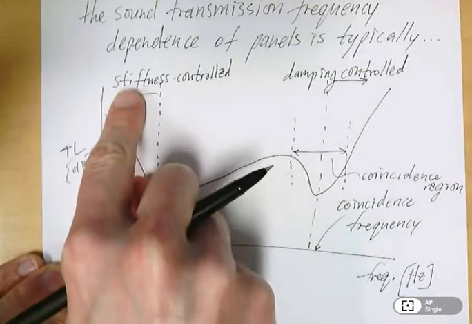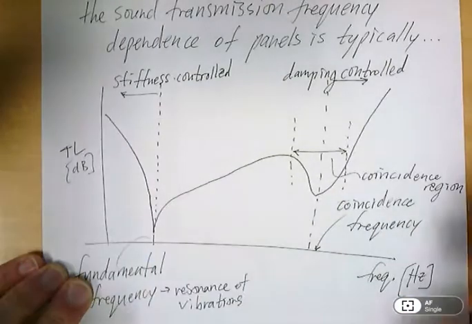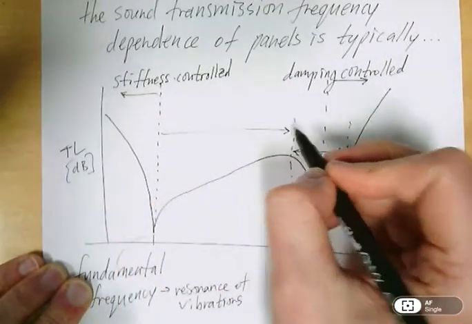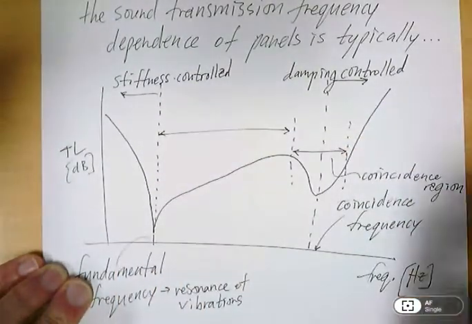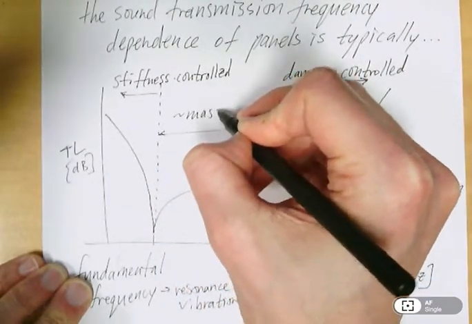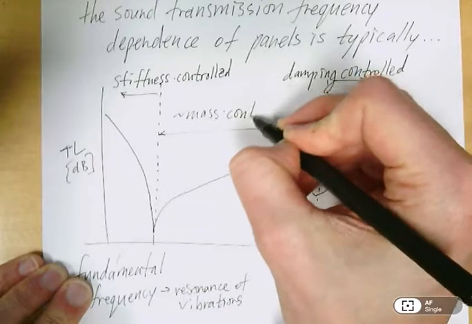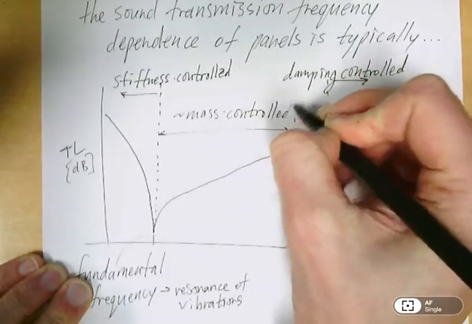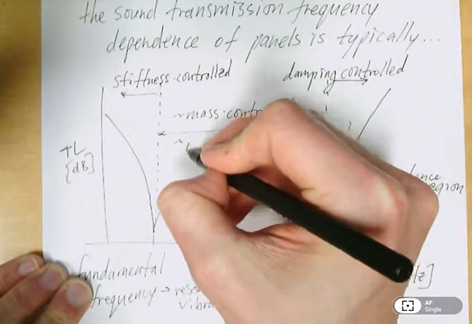Now, in between the stiffness and damping controlled regions, you may suggest that we have a mass controlled region. Indeed we do. This is largely governed by the mass law.